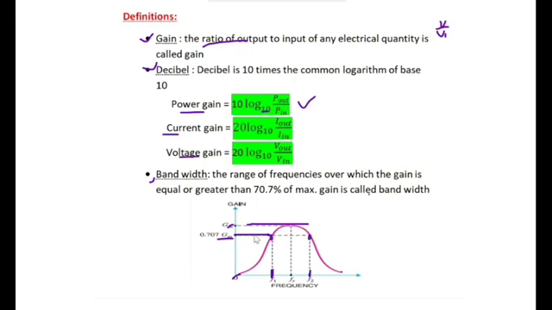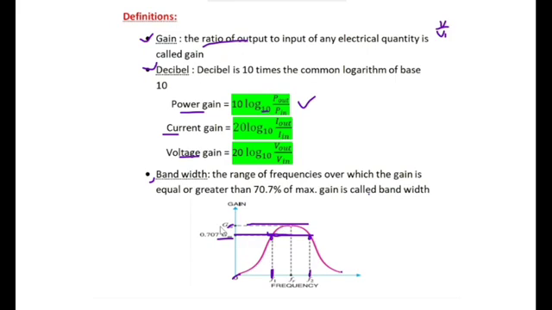The frequency range between F1 and F2 has a gain of more than 0.707 of maximum GM. So these frequencies are considered as the bandwidth of an amplifier. It must be greater than or equal to 0.707 times GM, the maximum gain. This is what bandwidth is.